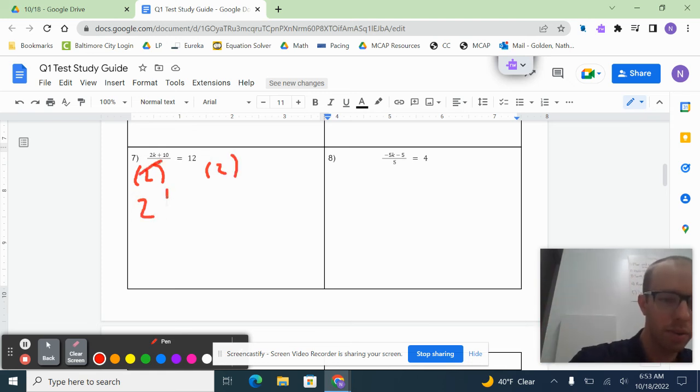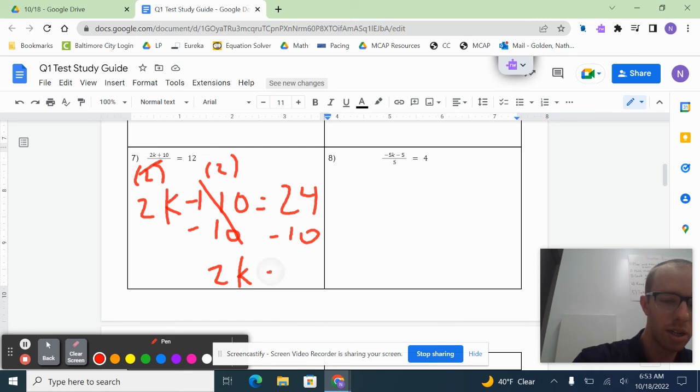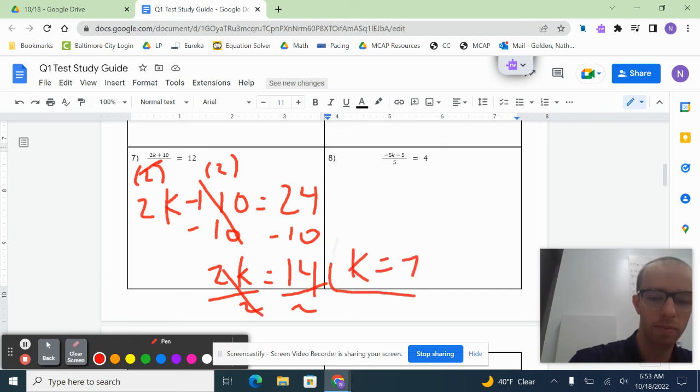On this side, I just have 2k plus 10 equals 12 times 2 is 24. Now it's a two-step equation. These cancel. I get 2k equals 24 minus 10 is 14. Divide each side by 2. Get k equals 7.